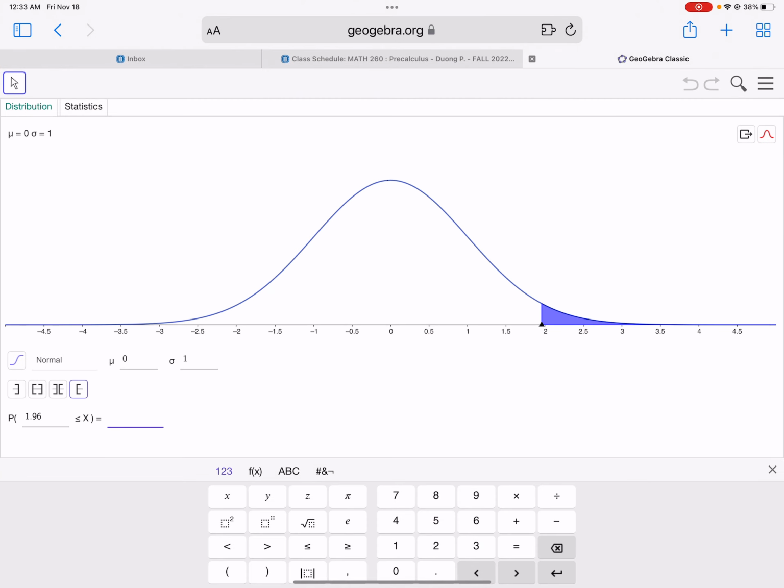Now let's show you how to get that. For the test statistic we put inside 0.62, and that's why we got 0.2676. Notice that if you take more decimal places for this test statistic, your answer will be closer to the exact answer in GeoGebra.